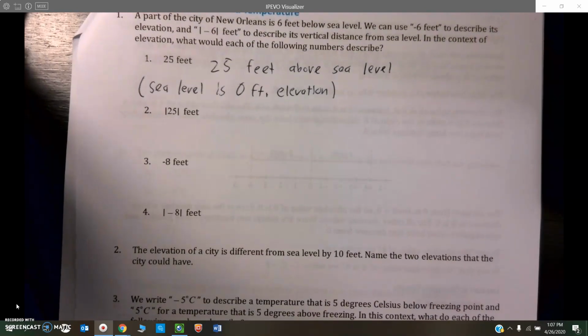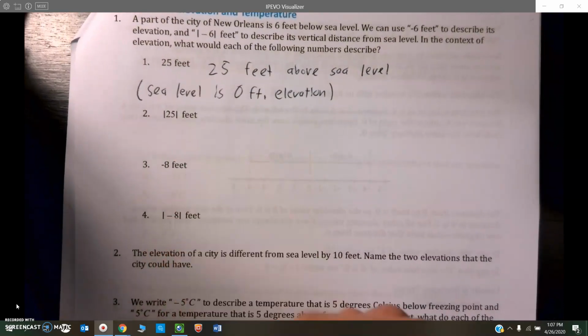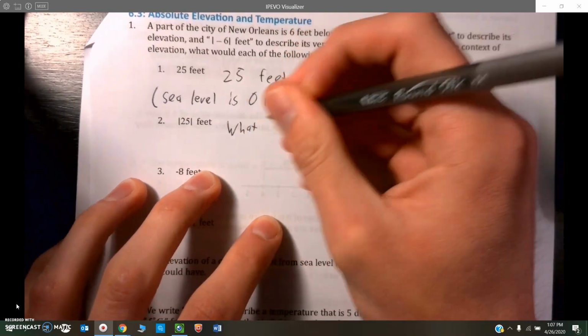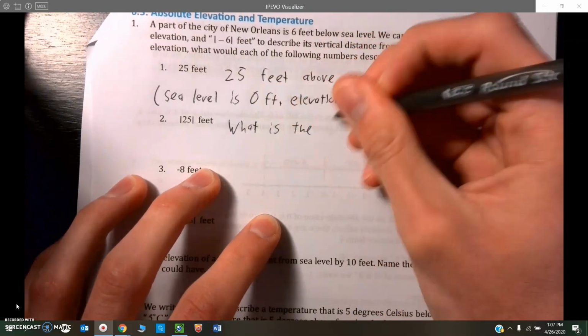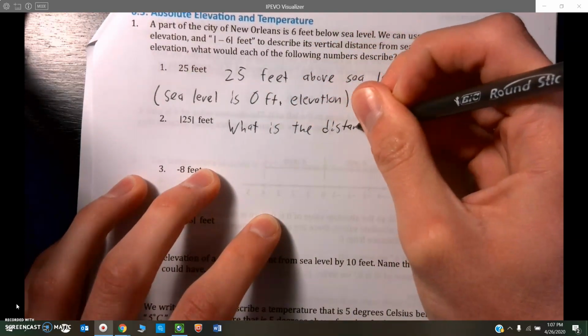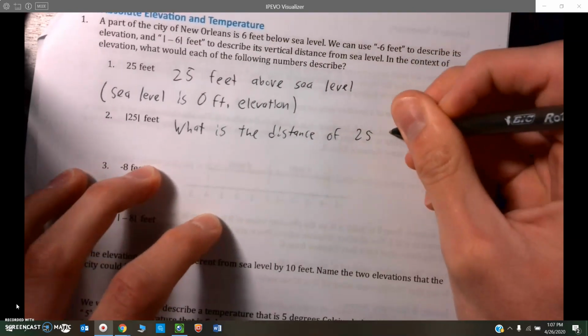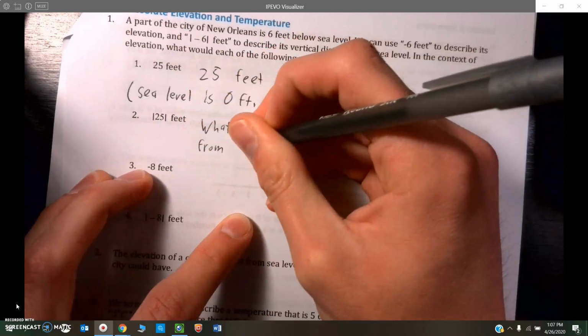Okay, so the absolute value of 25 feet literally means: what is the distance of 25 feet from sea level.